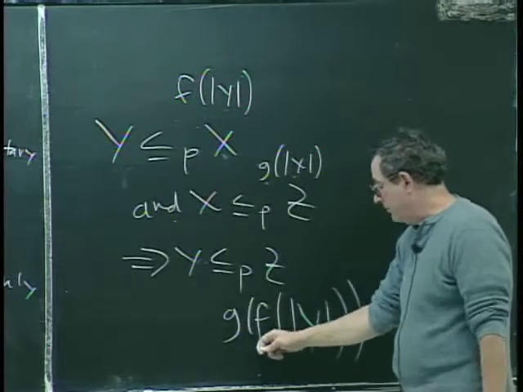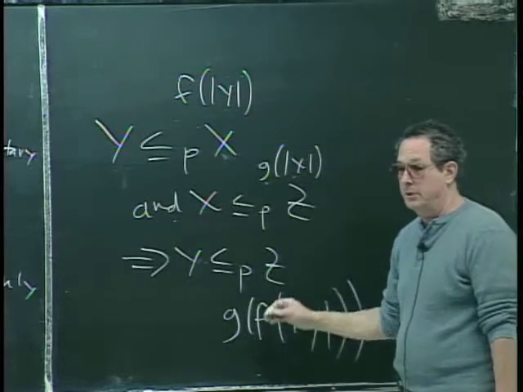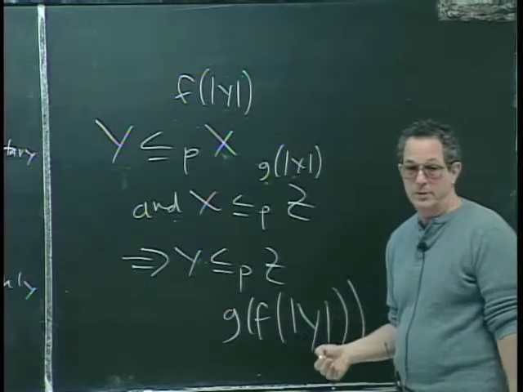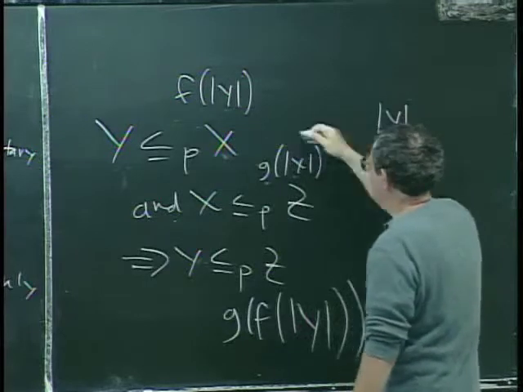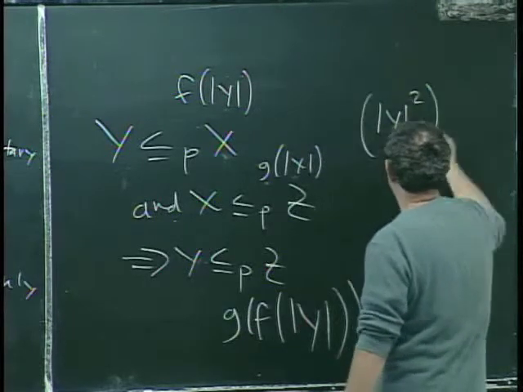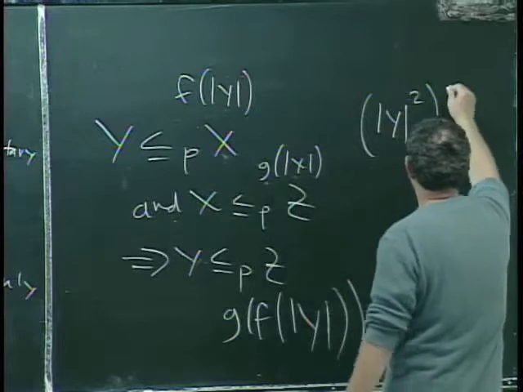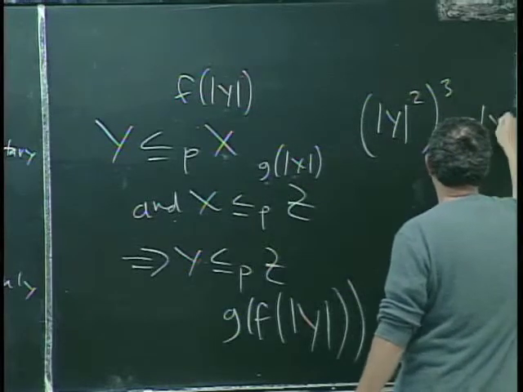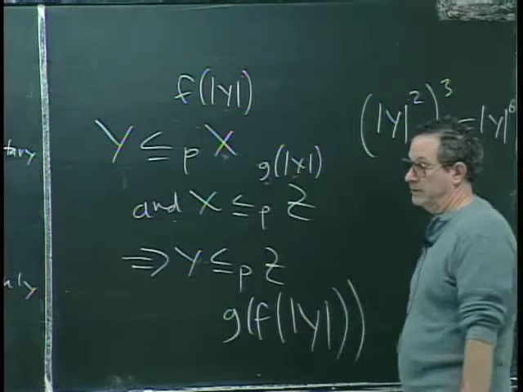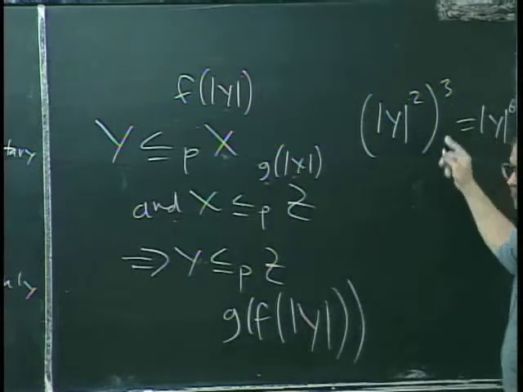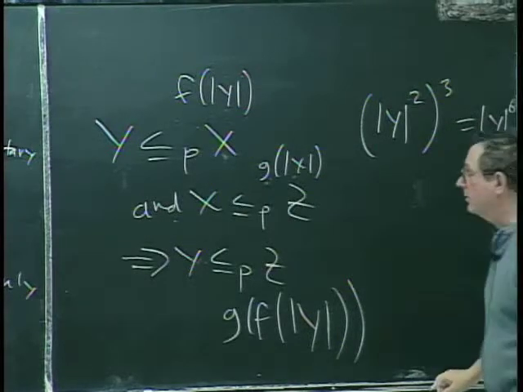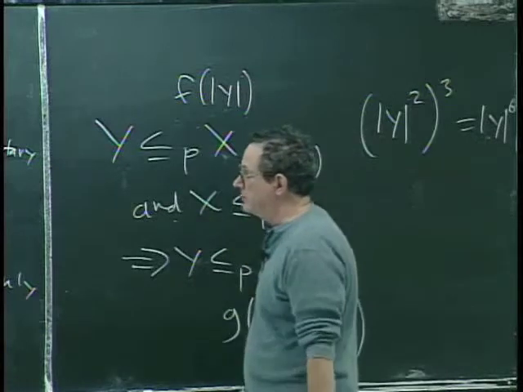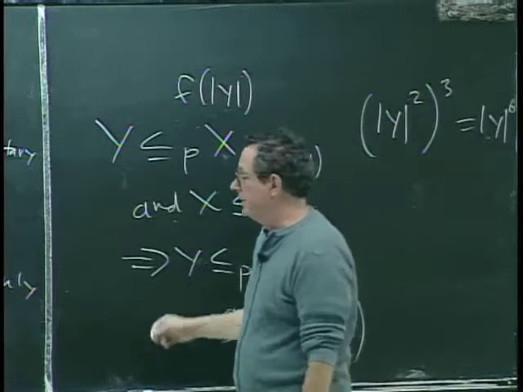This is a polynomial of a polynomial, and a polynomial of a polynomial is still a polynomial. Maybe f was a square, and maybe g is a cube, and therefore the whole thing is bounded by a sixth. These exponents multiply, but they still remain some constant exponent of the input size y. So polynomial time reductions are transitive. That's one thing I wanted to point out.